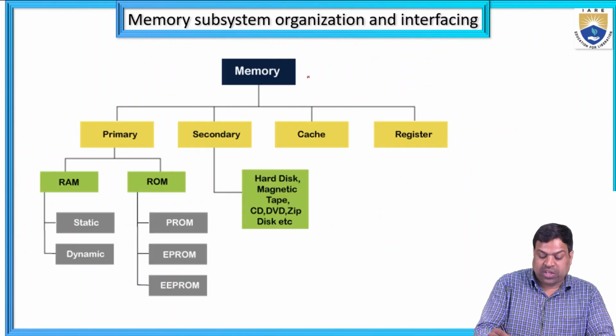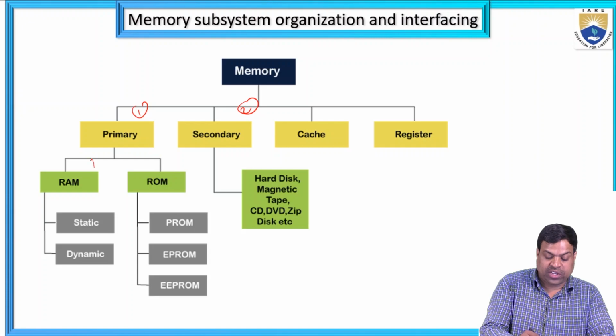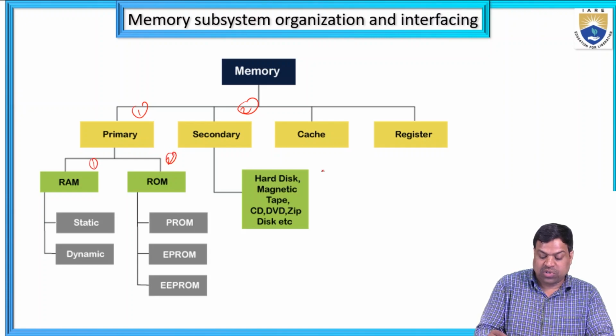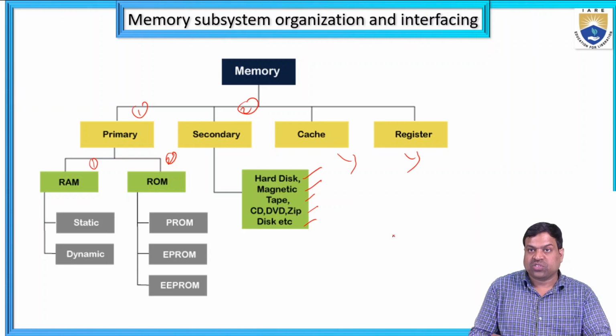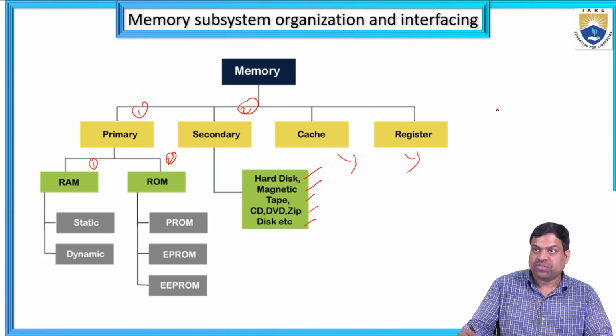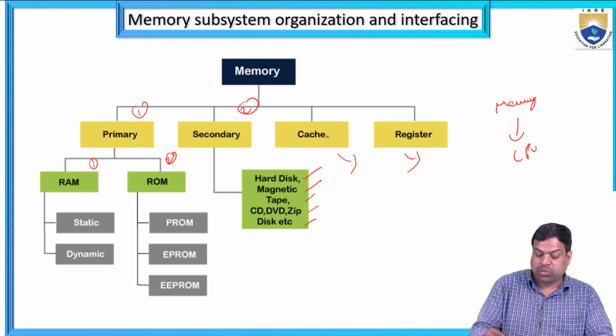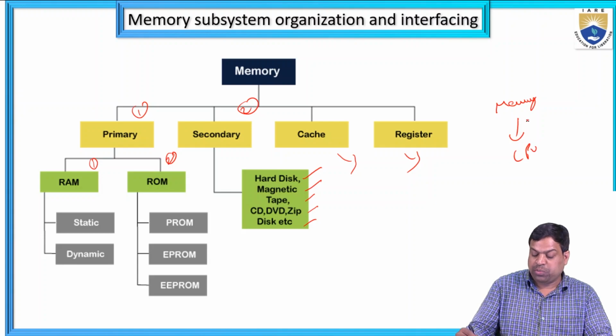So, memory is majorly of two types: primary memory and secondary memory. In the primary memory, we have RAM and ROM. The secondary memory means hard disk, magnetic tape, CD, DVD, zip disk and the like, and there are also the cache memory and the registers. Cache memory is used between the memory and the CPU.